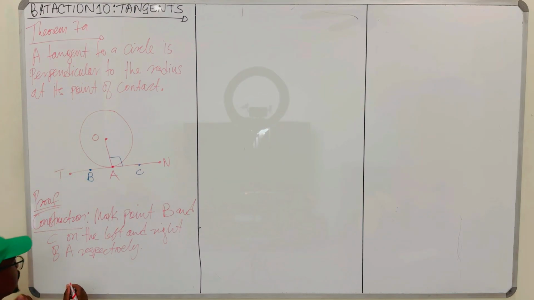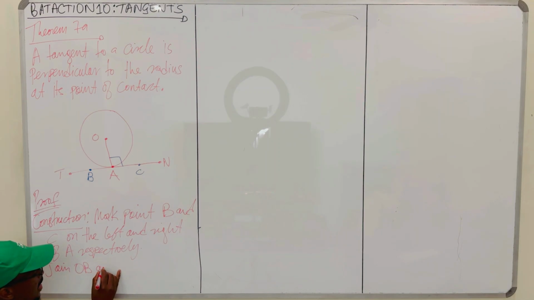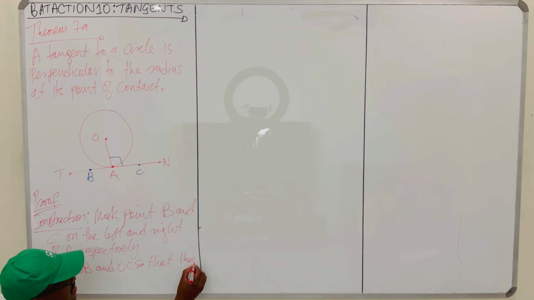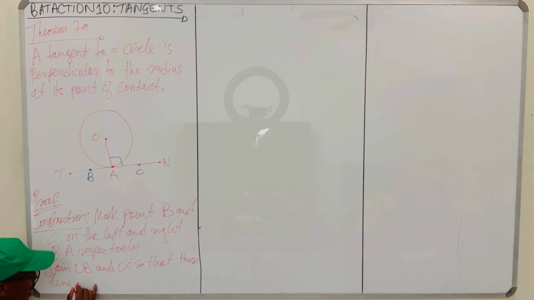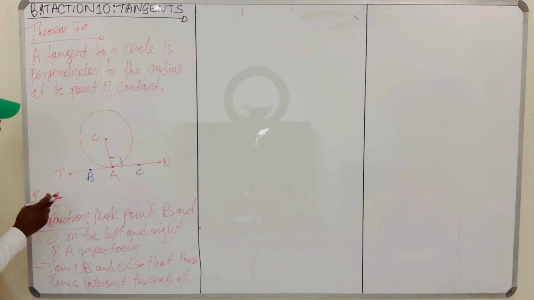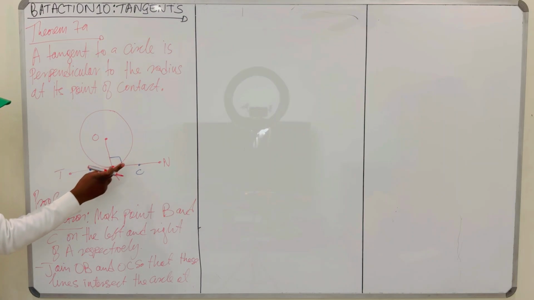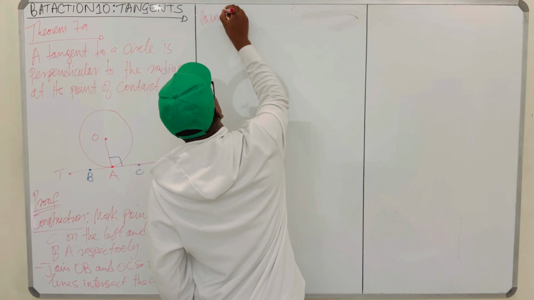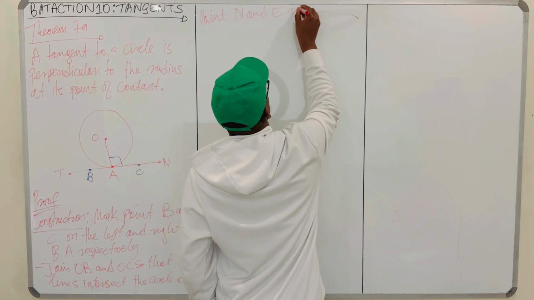So the next thing that we're going to do as part of our construction, let's join OB and OC, so that these two lines, OB and OC, intersect the circle at point D and point E respectively.